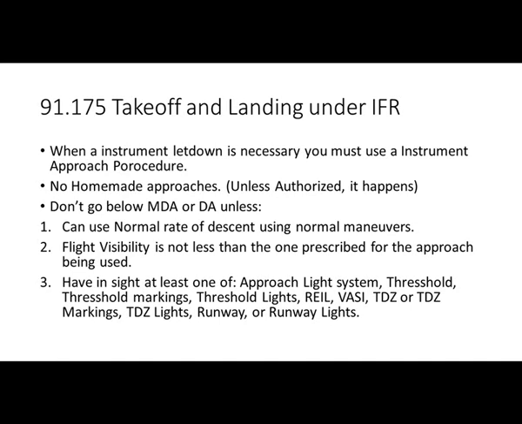And don't go below the MDA. What's that? Minimum descent altitude or decision altitude. Unless you can use a normal rate of descent using normal maneuvers. So that's usually what we consider normal, is the 3-degree angle with the descent rate for your airplane.